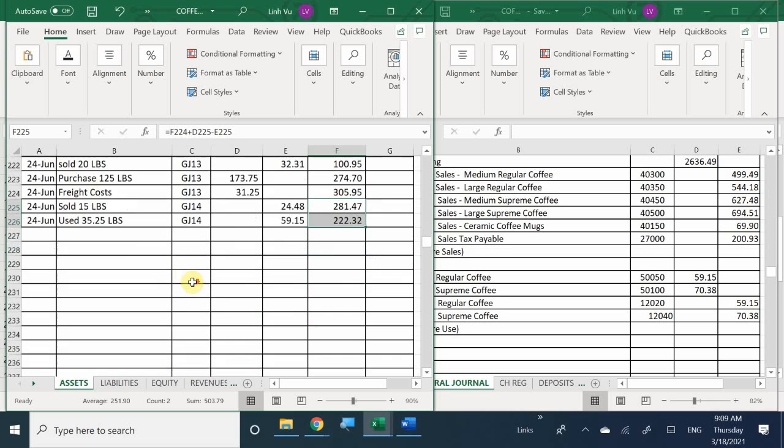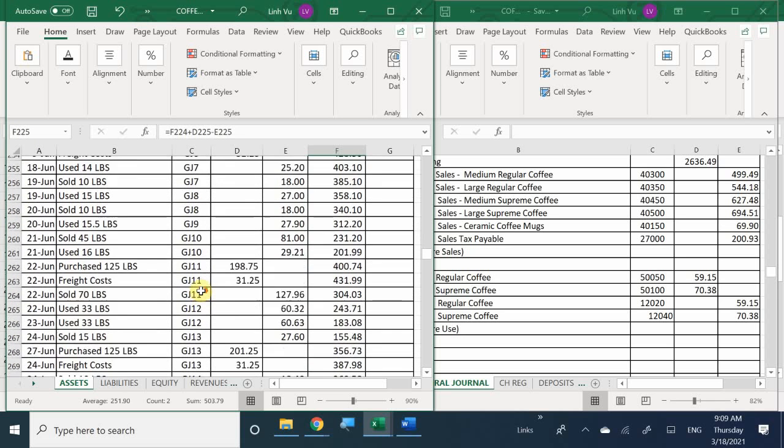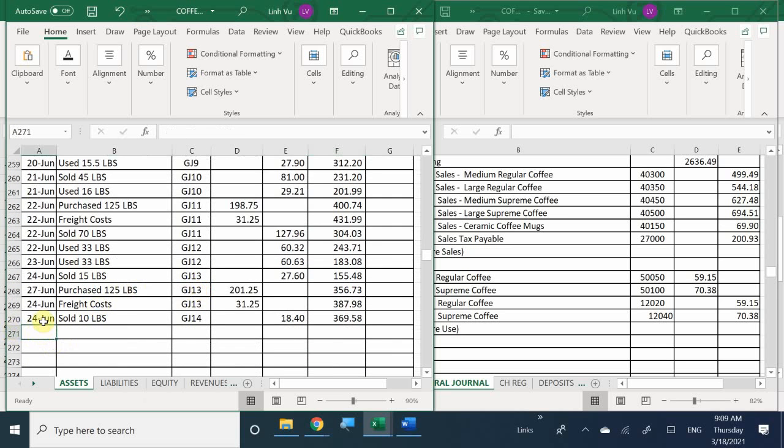So now we're going to keep going. Now we're under Supreme Coffee. We used 38.25 pounds, General Journal 14, for 78.38.